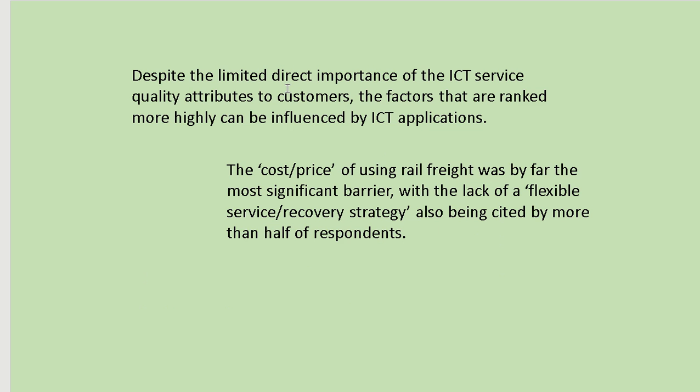Despite the limited direct importance of the ICT service quality attributes to customers, the factors that are ranked more highly can be influenced by ICT applications. This is what we know. The cost or price of using rail freight was by far the most significant barrier, with the lack of a flexible service recovery strategy also being cited by more than half of the respondents.